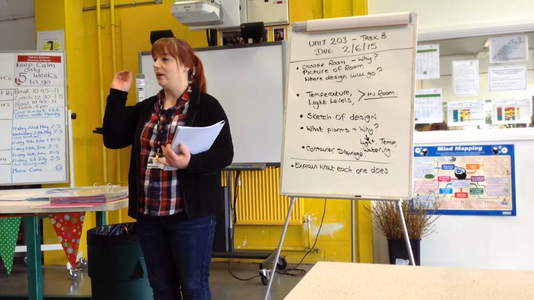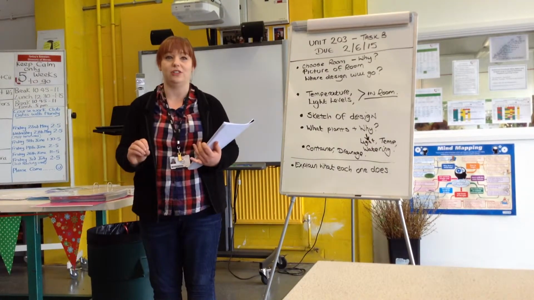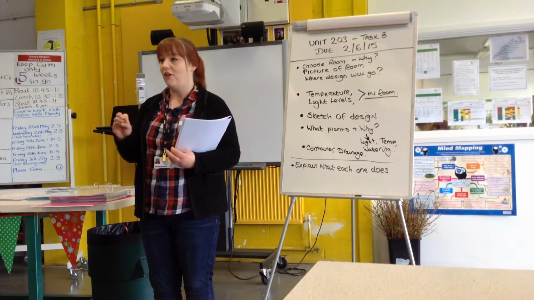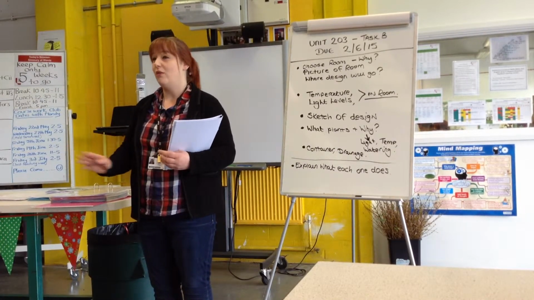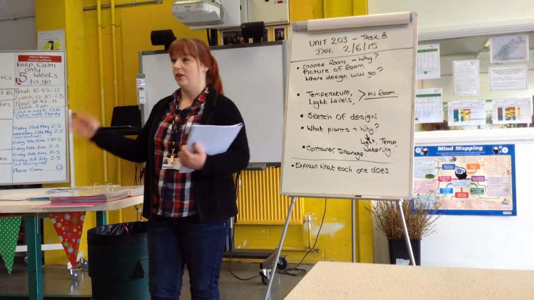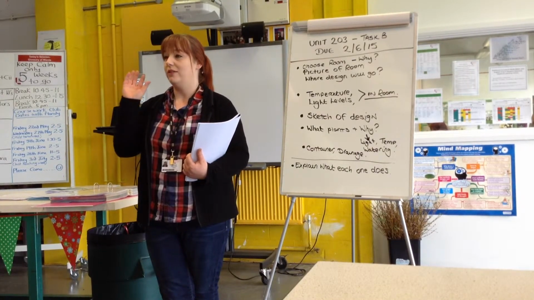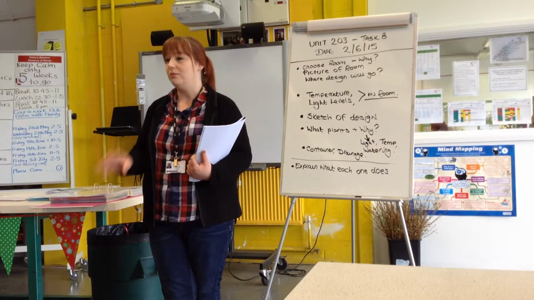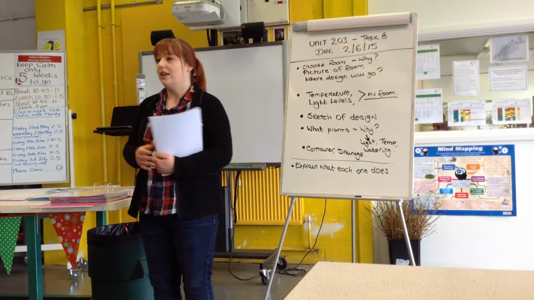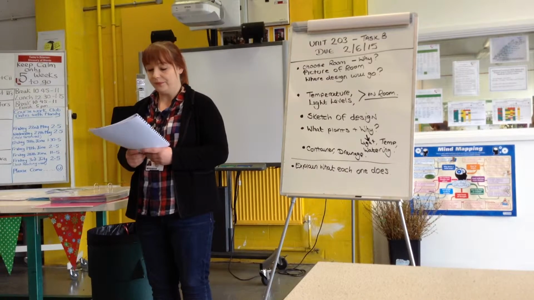I just need to know about its environmental factors. Remember, this is an environmental assignment. So I don't want to know about furniture in the room. I don't want to know about who lives there, anything. I just want to know about temperature, light, watering, humidity, drafts. Think environment all the time, yeah?